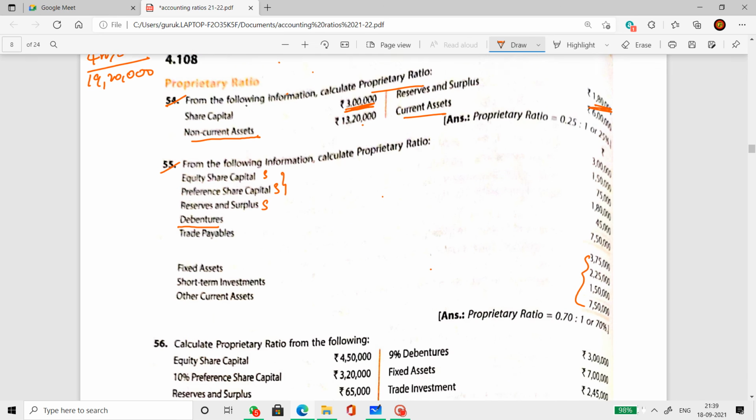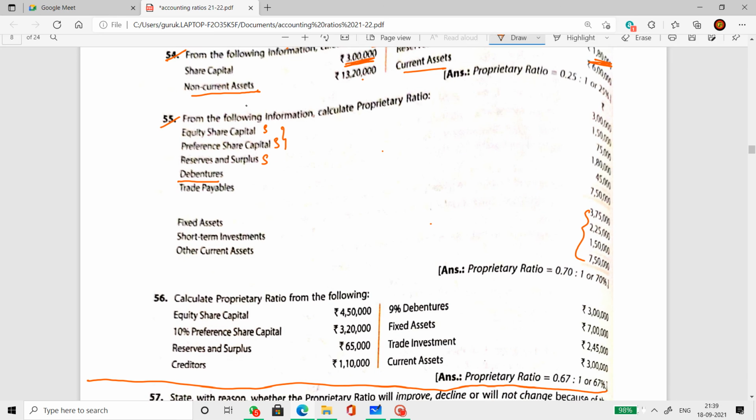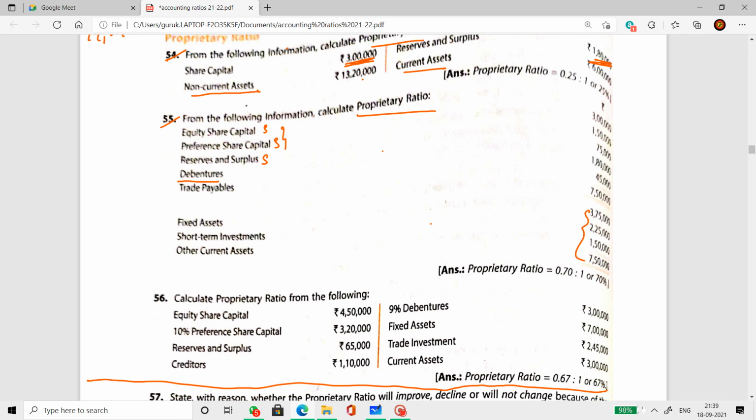Question number 55. Calculate the proprietary ratio for the following. Equity, they have given the total here, which is total of the liability and total of the asset. So this makes our work a little easy because it is shareholders fund divided by total asset. Total asset we already know as 7,50,000. So shareholders fund is only adding the first three items.